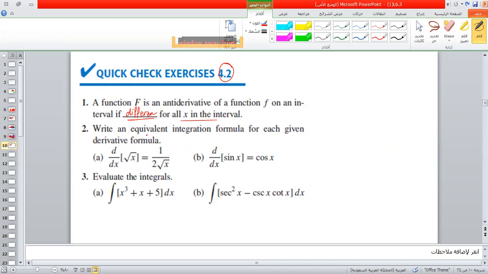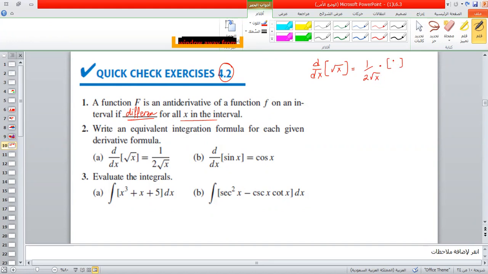Number 2: write an equivalent integration formula for each given derivative formula. d over dx of radical x. We know from the first term that the derivative of any radical is 1 over 2 the radical, multiplied by the derivative of the inner function.